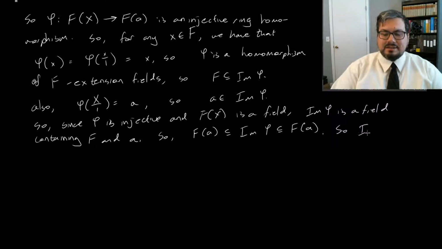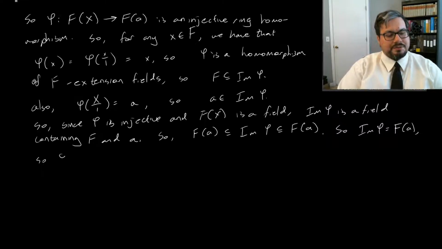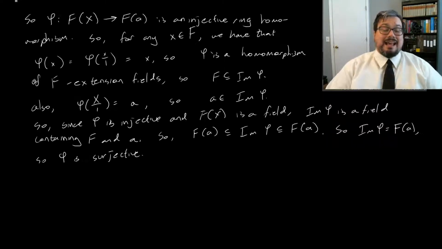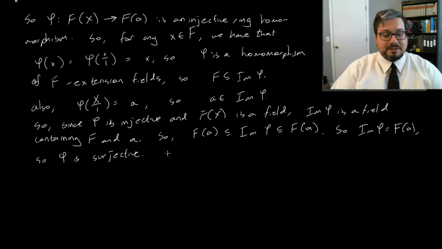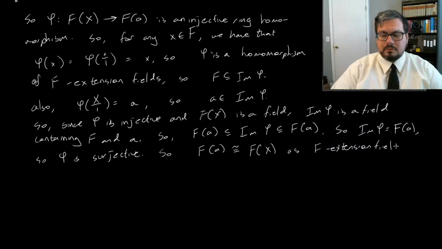So in particular, this means that the image of phi is equal to F(a), so phi is surjective. Hence, phi is an injective surjective homomorphism of F extension fields. And so in particular, this means that F(a) is isomorphic to F(x) as F extension fields. And that finishes the proof.